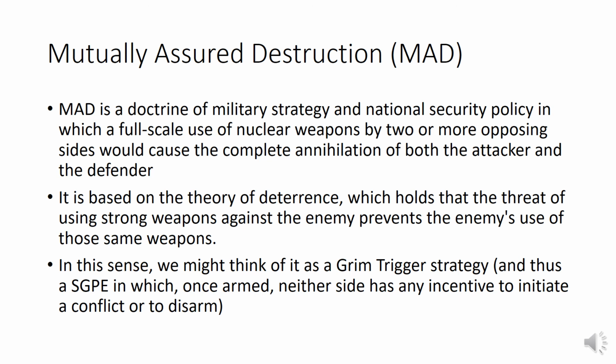Mutually assured destruction is a military doctrine where if you launch nuclear weapons at us, we will fire them right back at you. Based on the theory of deterrence, right? This is a Grim Trigger. If you launch nuclear weapons at us, they are automatically firing back at you. The entire world will be destroyed. Everyone loses.